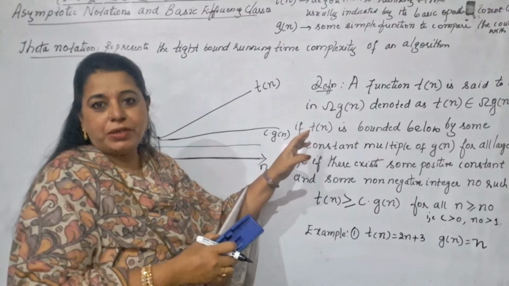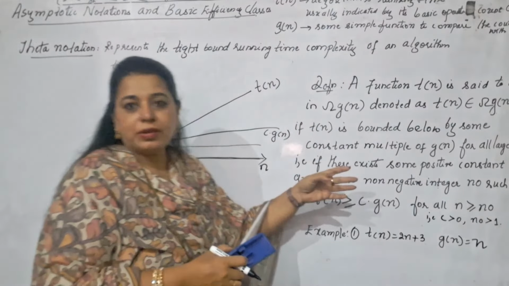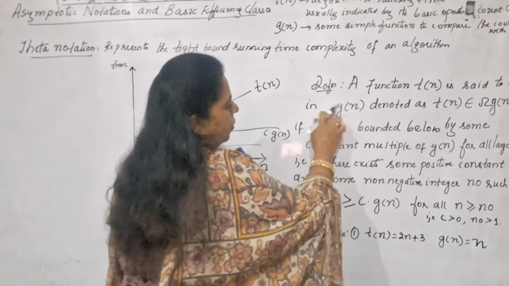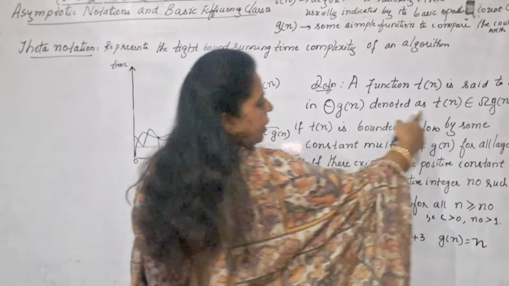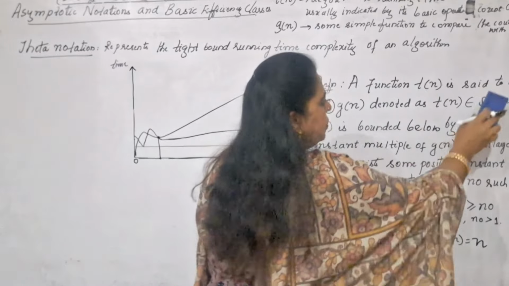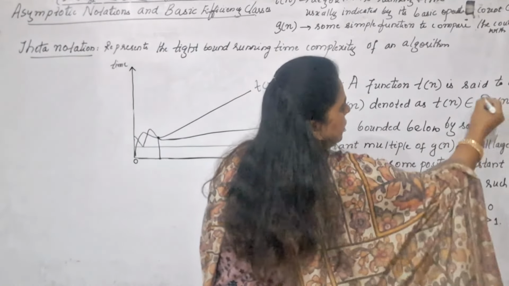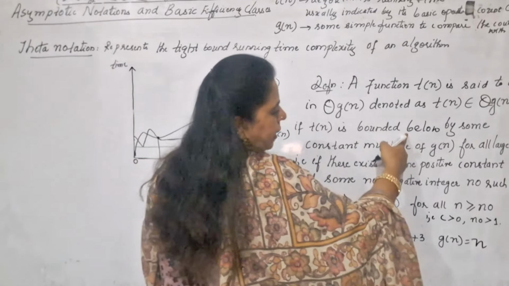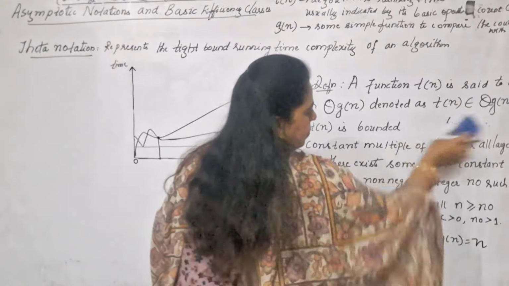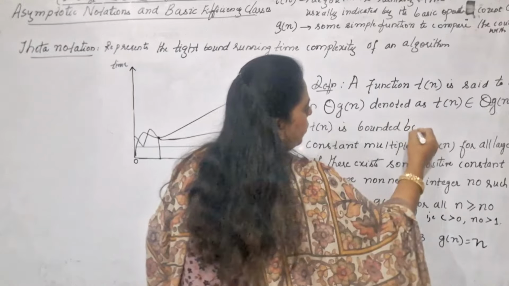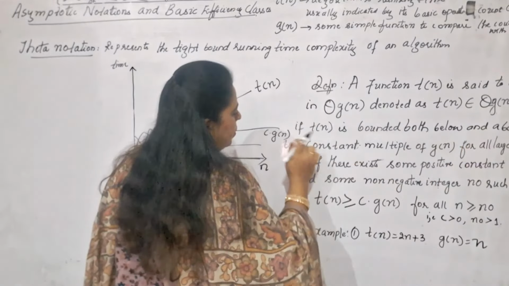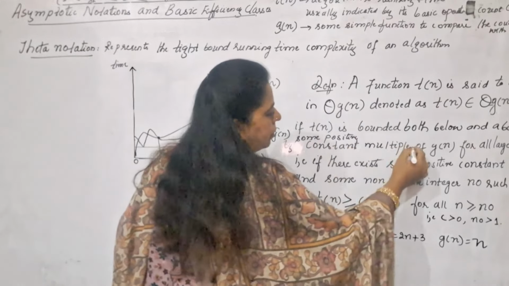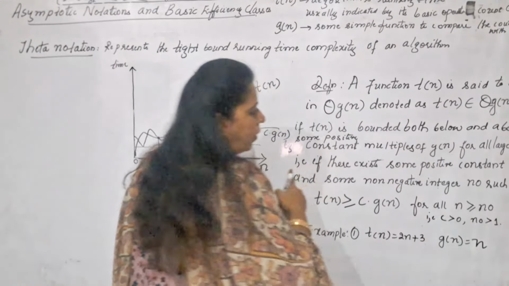And when it comes to the definition, how do you define theta? A function t of n is said to be in theta of g of n, denoted as t of n belonging to theta of g of n, if t of n is bounded both below and above by some positive constant multiples of g of n for all large n.